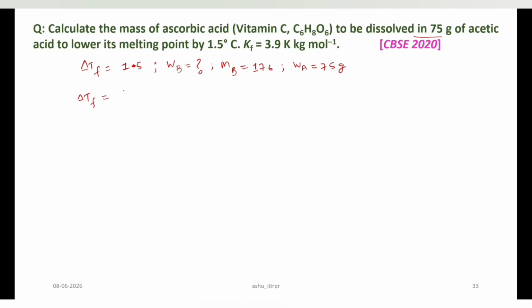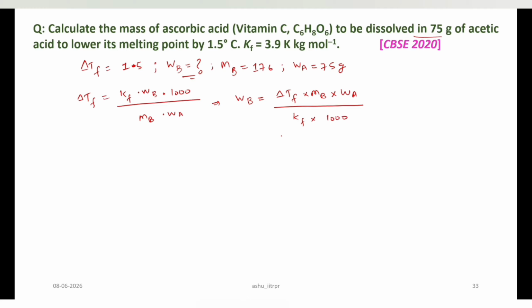Fine, so just put these values in the formula. Delta TF is equal to KF into WB into 1000 divided by MB into WA. Now you have to calculate WB, so rearrange this formula with respect to WB. WB is equal to delta TF into MB into WA divided by KF into 1000.